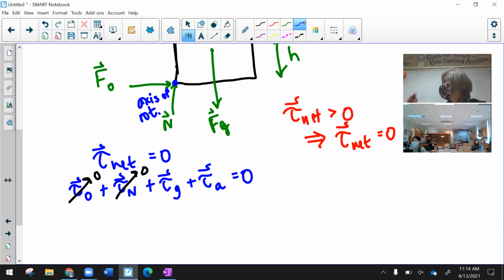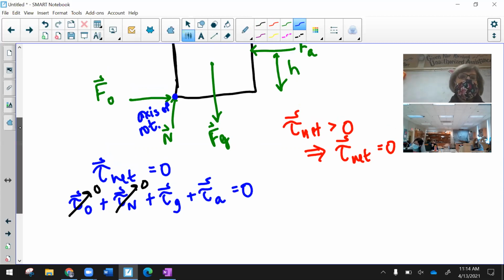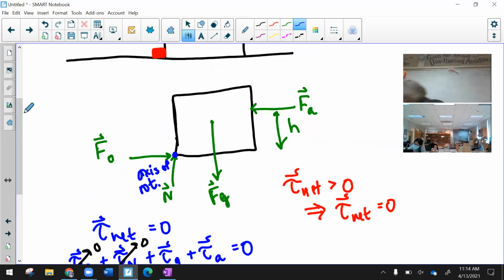Negative, right? Because again, here, let's put this up here so we can look. Here's my object. My gravitational force is going to make it rotate this way, which is clockwise, which is negative. My applied force is going to make my object rotate this way, which is going to be in the counterclockwise direction and which is going to be positive.